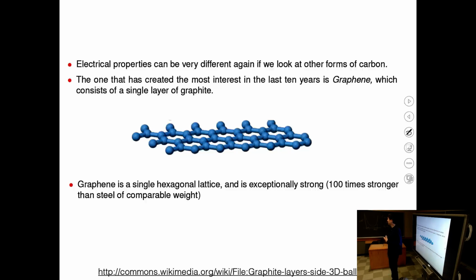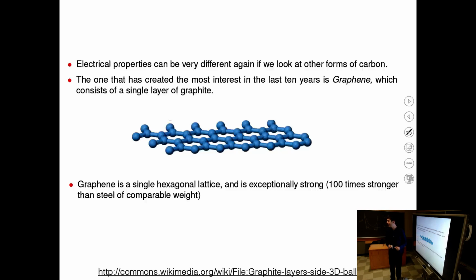Of course, it was not possible back then, but in the meantime, we have found ways to separate and isolate this one layer of carbon atoms, and that's a remarkable achievement, even though if you know how it's been done, it's a little silly. I'll show you in a moment.